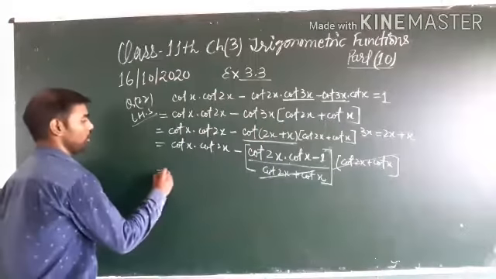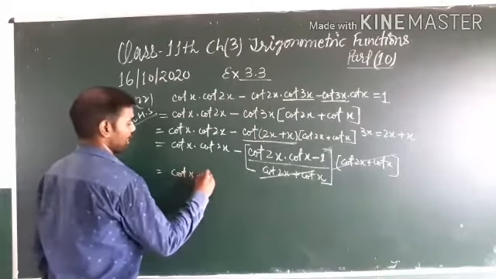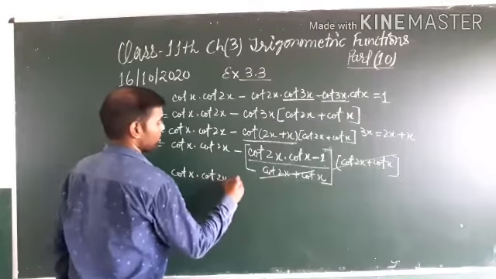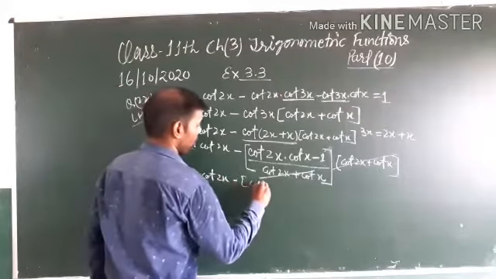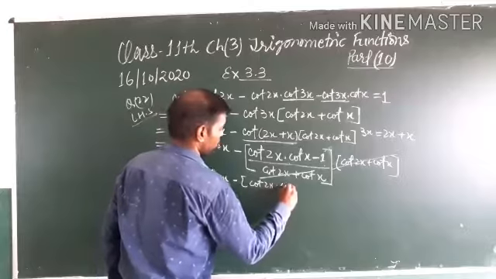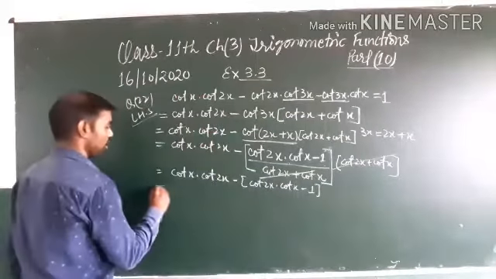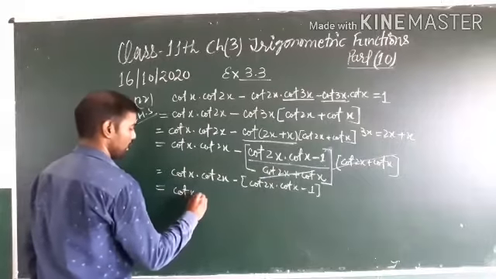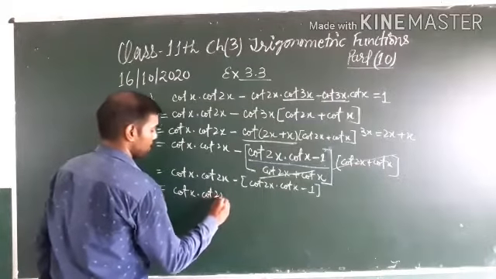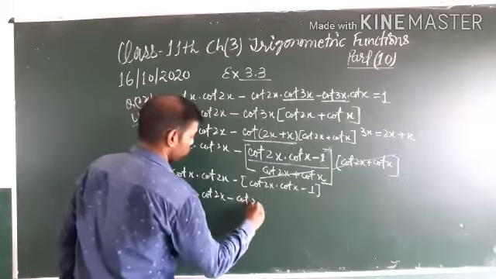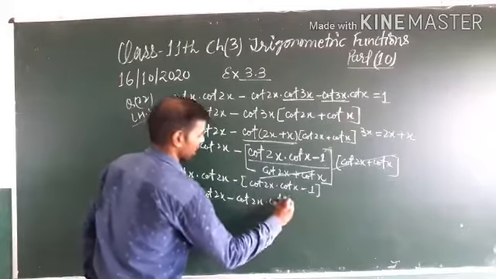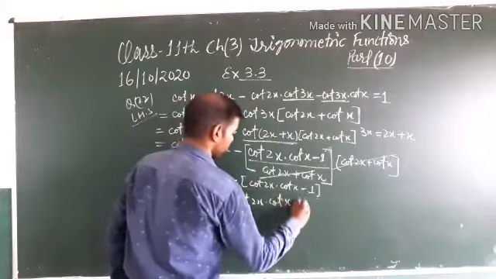Now what we get? We get cot x into cot 2x minus (cot 2x into cot x minus 1). Now we open the bracket: cot x into cot 2x minus cot 2x into cot x, and minus into minus is plus.